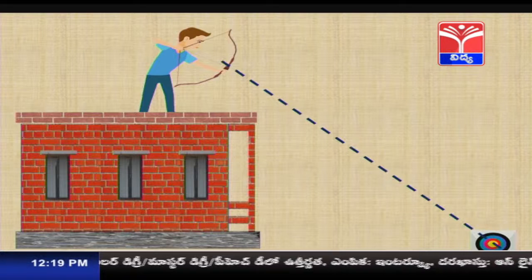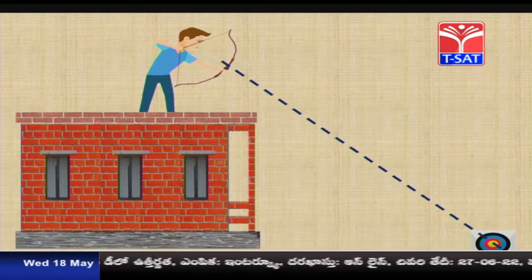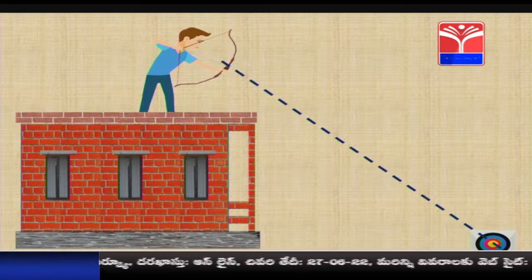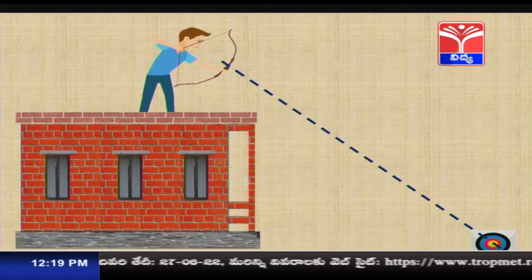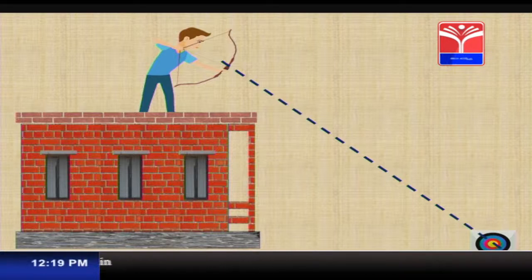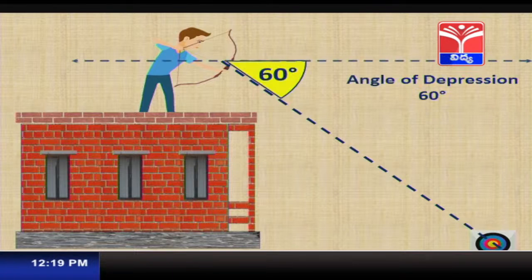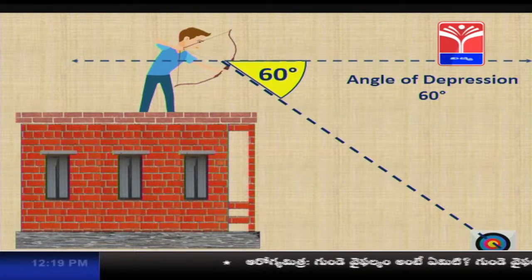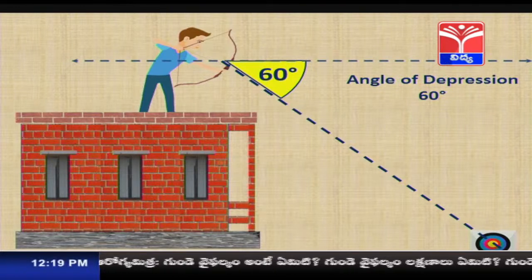How does he shoot? Let us think, this is the line of the arrow which is going to reach. Let us think there is no bending or deviation. Let us think it is a straight line, isn't it? In that case, this is called the line of shooting, as we have discussed earlier, like the line of vision. Now, what is the height at which the person is standing? This is going to give us the angle of depression, because at what angle he is bending the arrow to shoot the target.